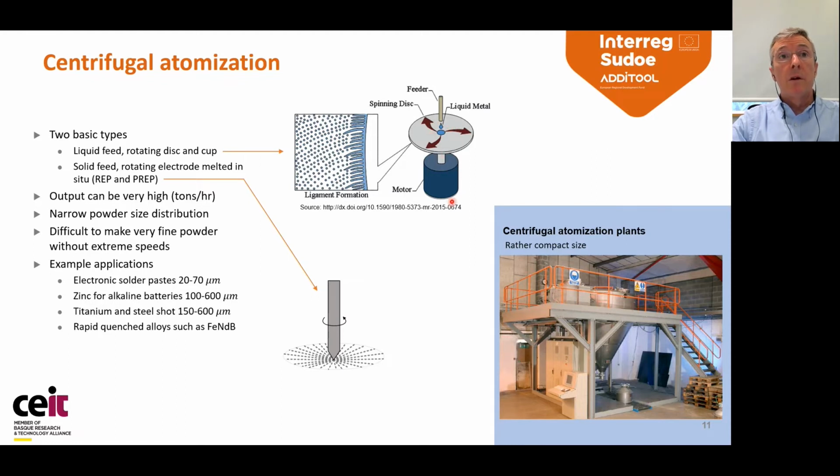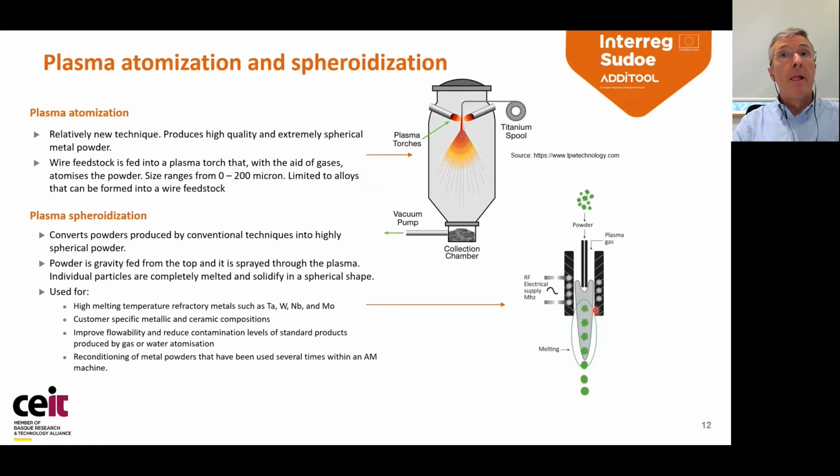So it's quite limited to some specific applications like those mentioned on the slide. Centrifugal atomization plants are rather compact, and they need to have a quite large diameter to let the particles solidify before they hit the wall.